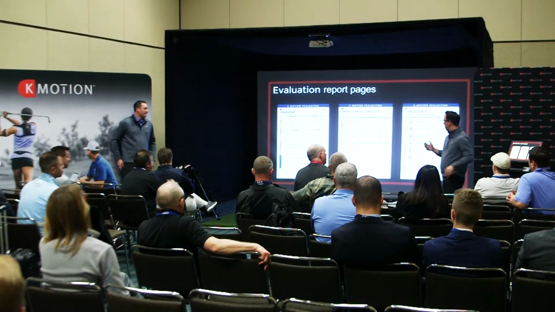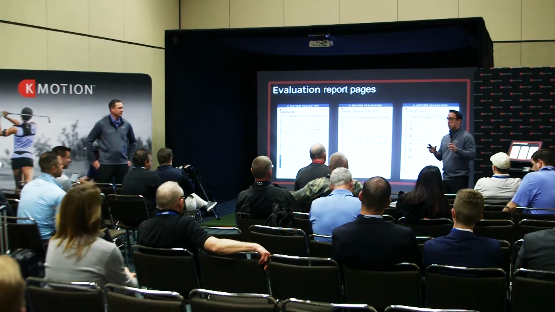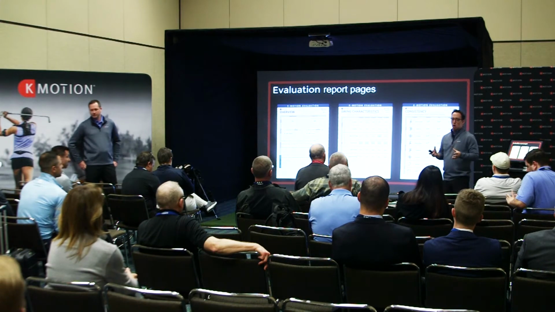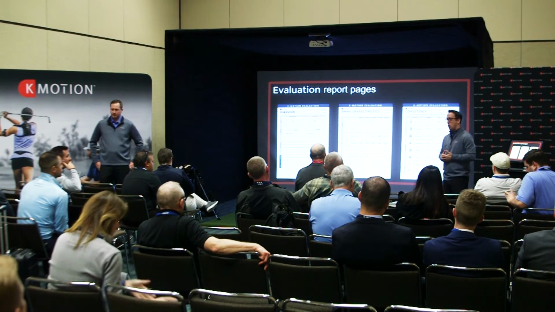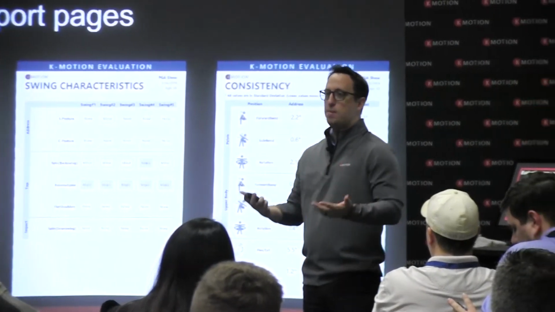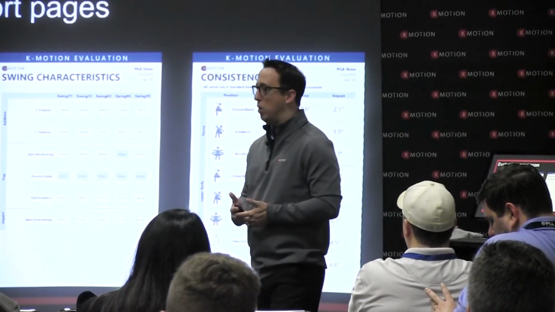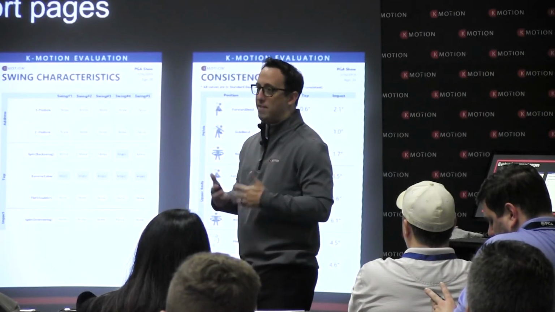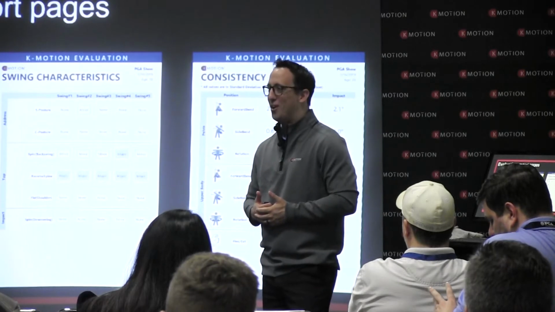So one of the things to note before or during these evaluation sessions, you're going to want to have a dialogue with your players first so that you can identify what their pain points are or what they're struggling with, and get them to tell you. Ask them some questions, get them to tell you what they're struggling with. Hopefully they just hit 5 out of bounds on the previous round and you've got something really easy to work on.